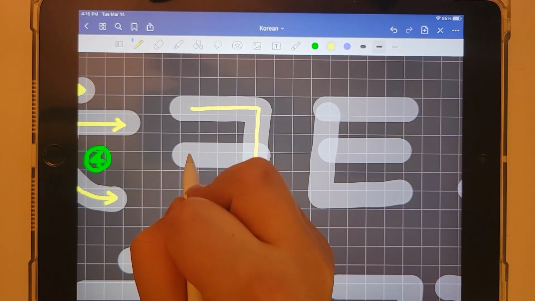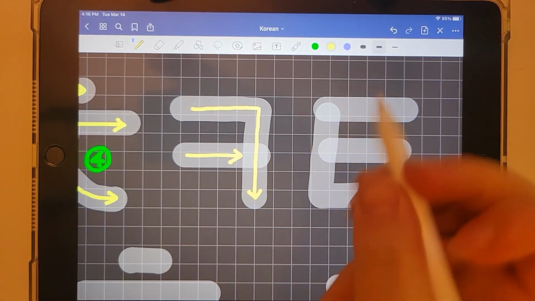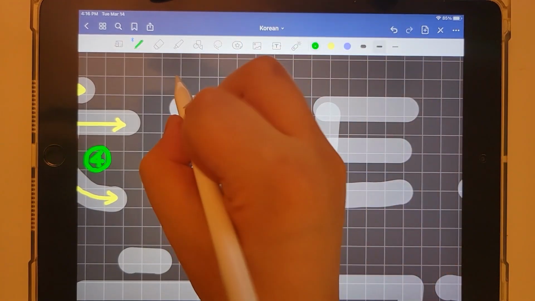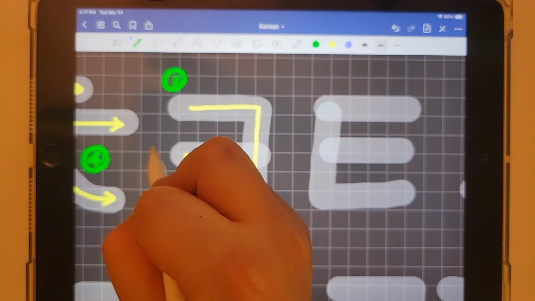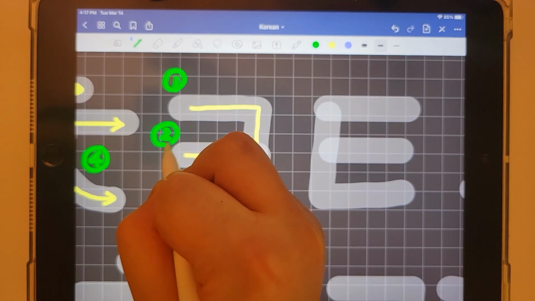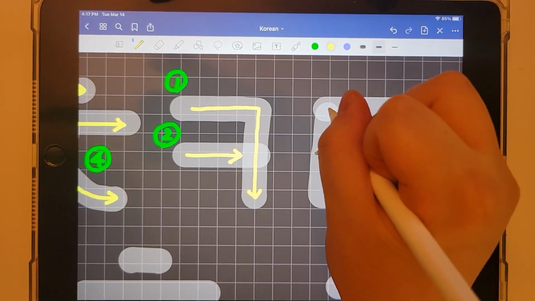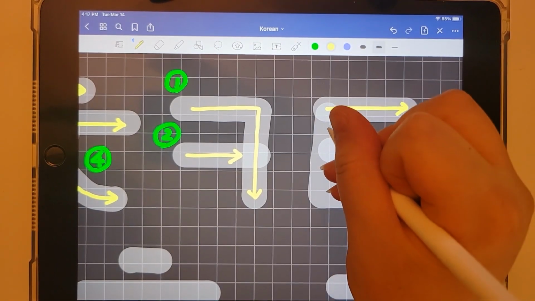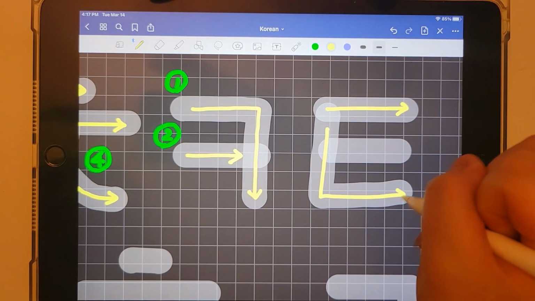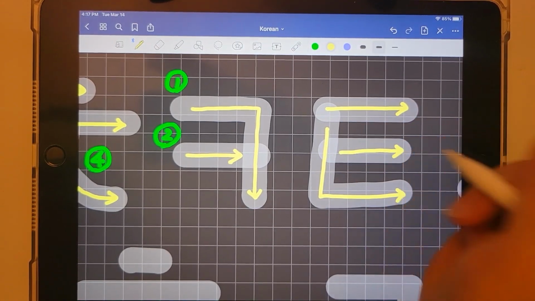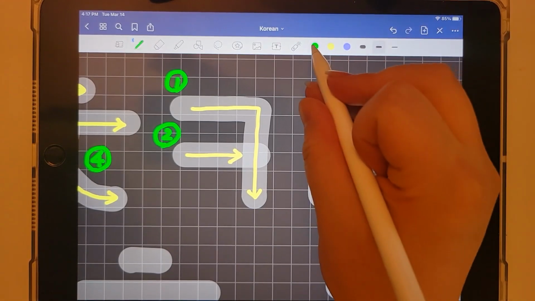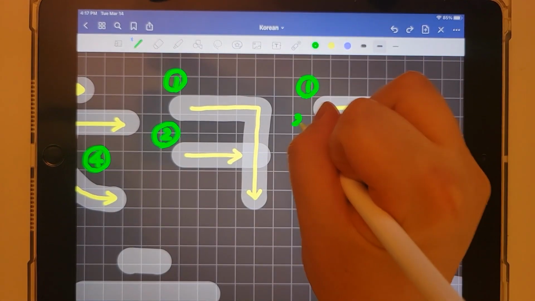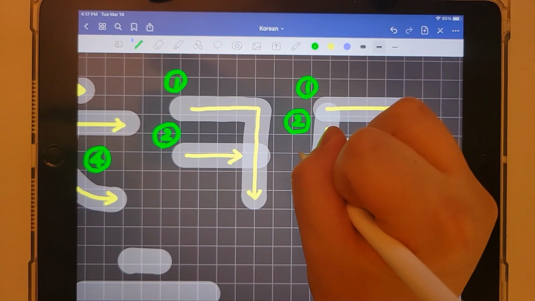It'll be the flipped L, and then the horizontal in the middle. Then we have T, which has 3 different strokes. The first one is the horizontal, second is the L, and third is another horizontal in the middle.